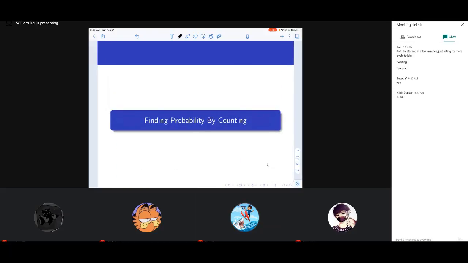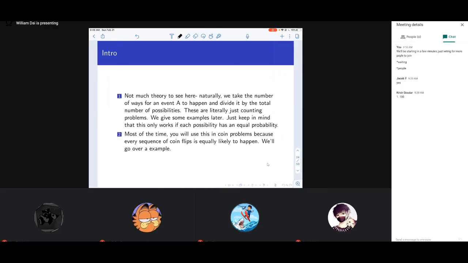Okay, now we're going to do probability by counting. Basically, we're just counting the number of ways for something to happen, and we put it over the total number of ways something could happen.